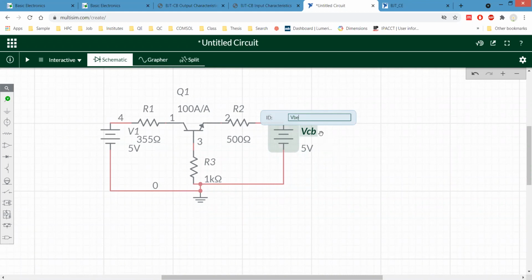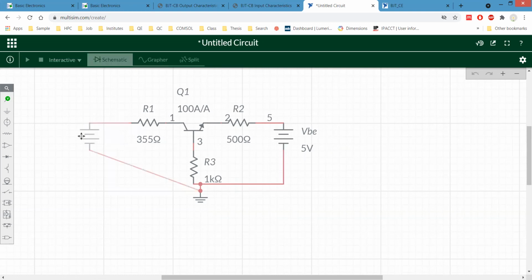These things will vary, and this is VCB, the collector base junction. I don't think parametric is required, because we have seen for the parametric one there is no change basically, so it is not required, parametric input characteristics.